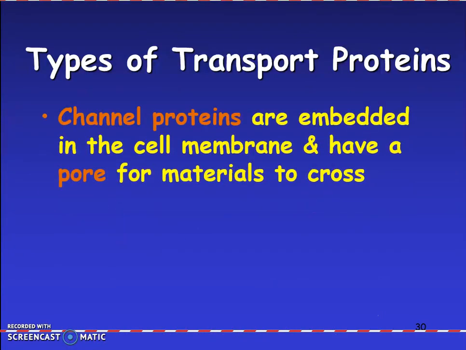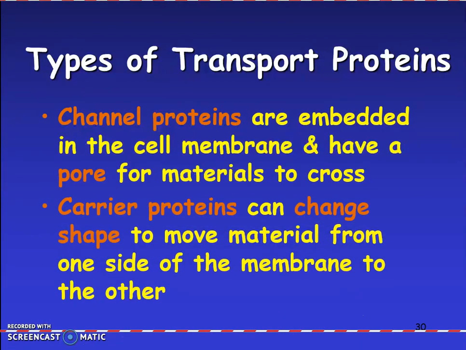The transport proteins can be of two types. One is the channel protein and the other is the carrier protein. Channel proteins are embedded in the cell membrane and have pores for materials to cross.